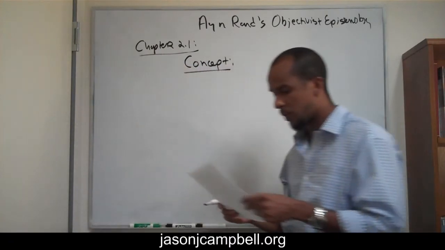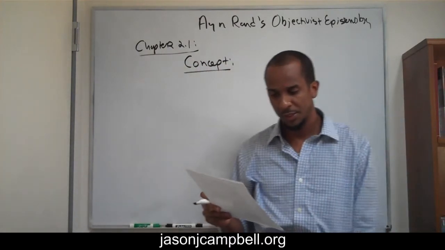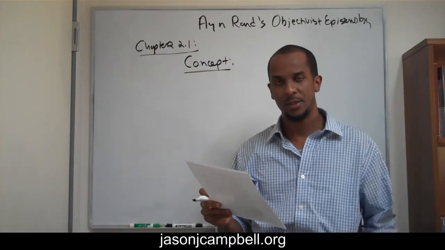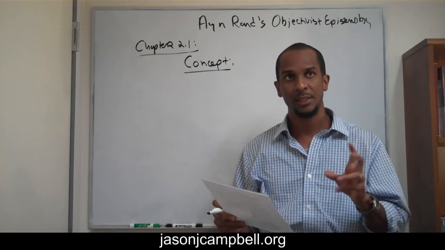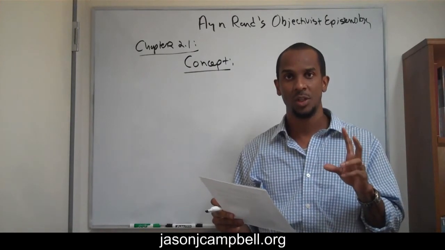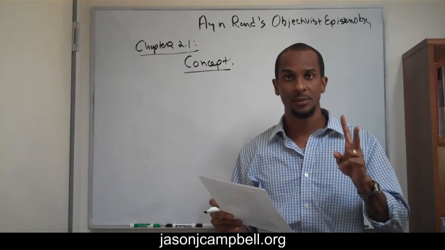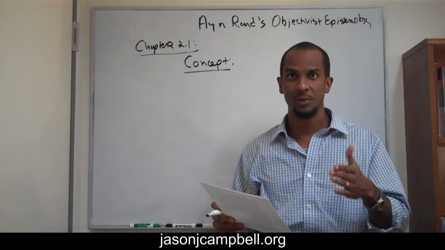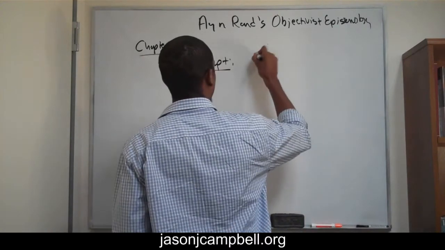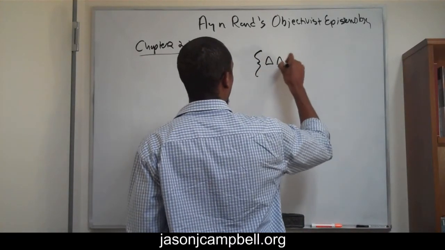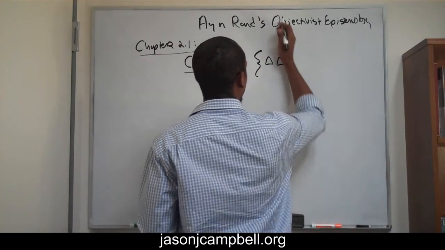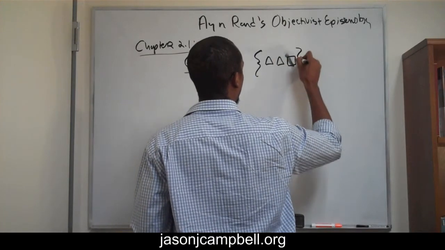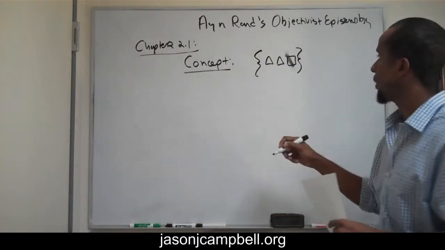The question is, well, what is that? The first thing is that the concept, and we know this, is a result of the integration of at least, but not only, 2 or more units. So in the previous series of videos, we looked at the set which contained triangle, triangle, square.